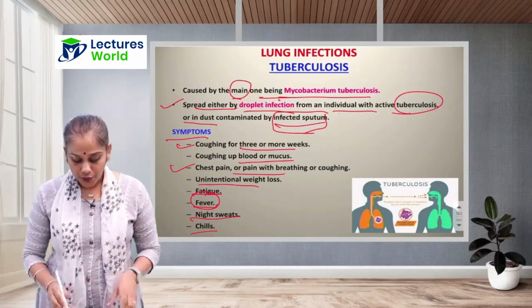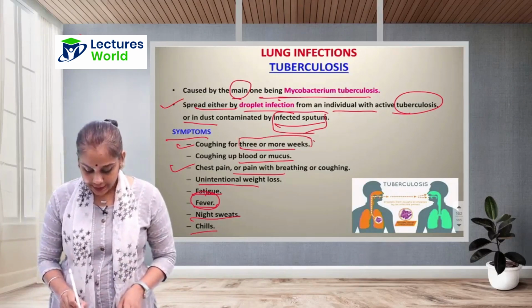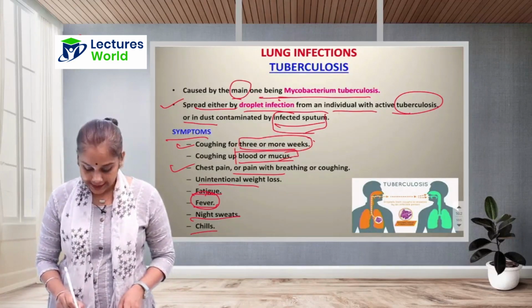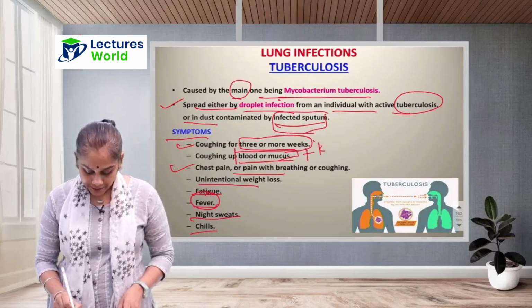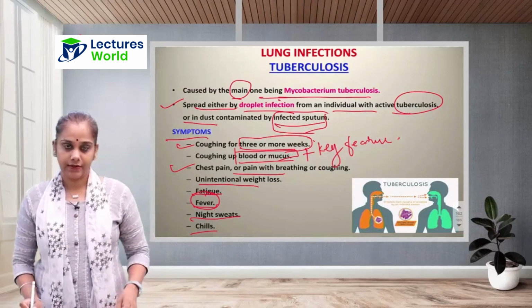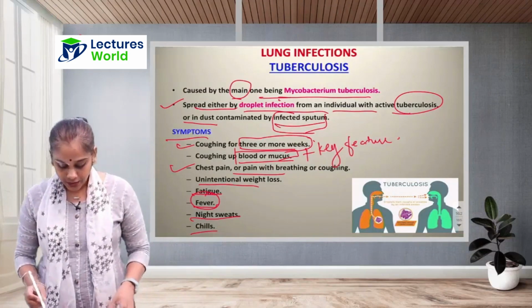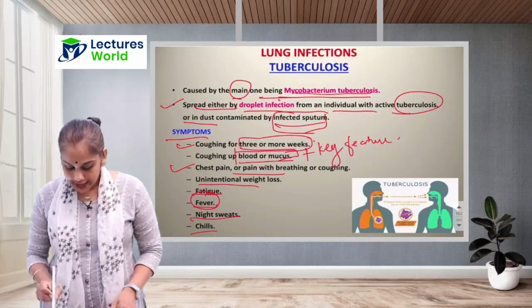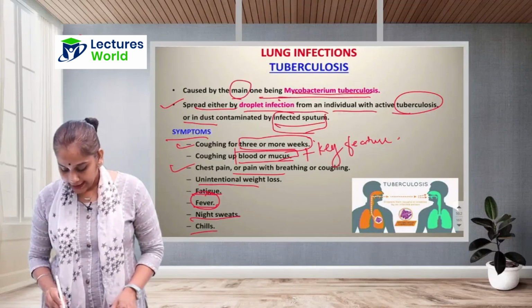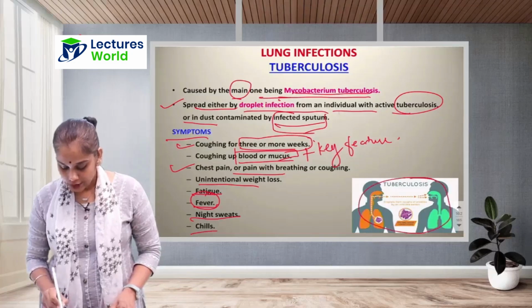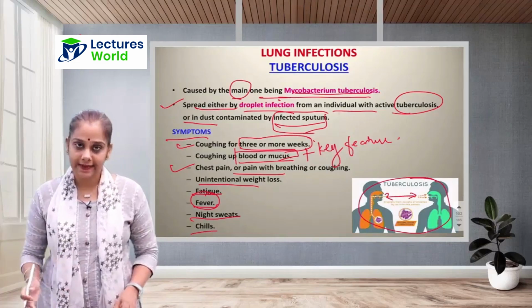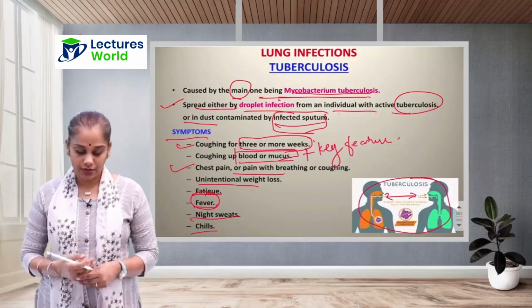More than 3 weeks of cough, or blood or mucus in the cough, is the key feature of tuberculosis. You can see in the figure, this is the droplet infection from one person to another while coughing and sneezing.